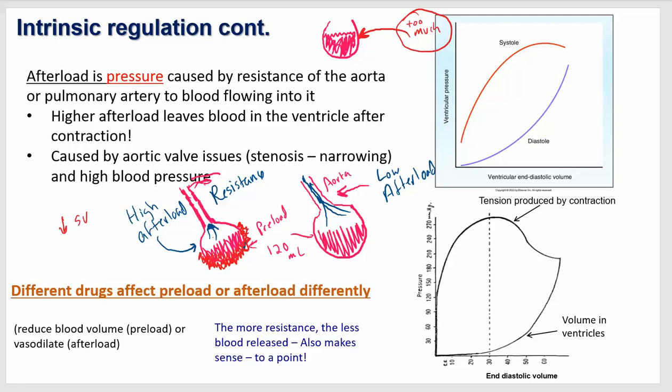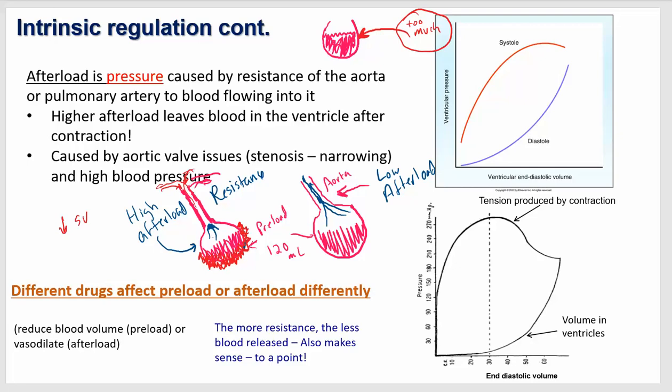So let's see, where are we? We talked about preload, we talked about afterload, and I have here that different drugs affect preload or afterload differently. Well, if you can open up these arteries, that would be good. Cause some vasodilation of the arterial vessels. That can lower the blood pressure. It can allow less resistance and allow that blood to move through.